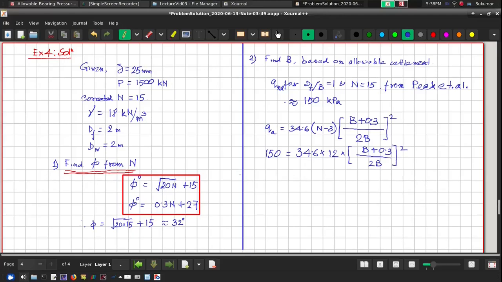And when I solve for B, this gives me B nearly equal to 3 meter.